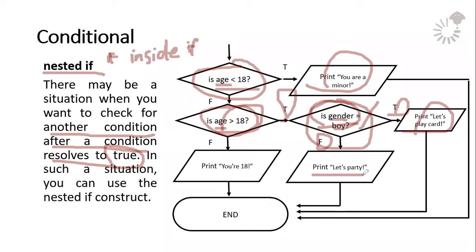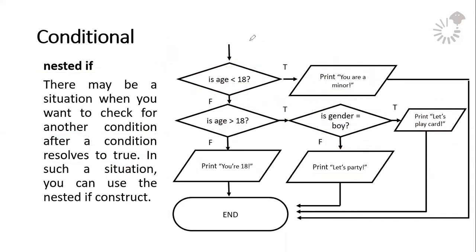And if it is not less than 18 and not greater than 18, it is exactly 18, print you are 18. That is what happens in the flowchart. Let's convert this into a program.